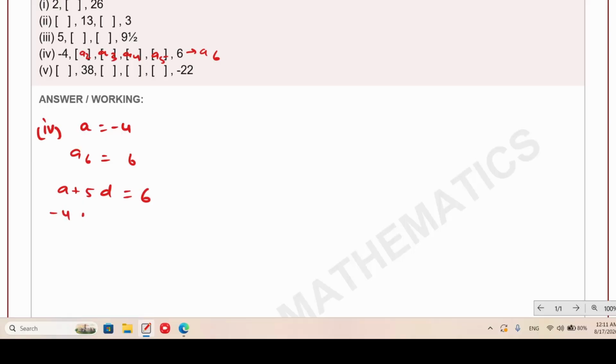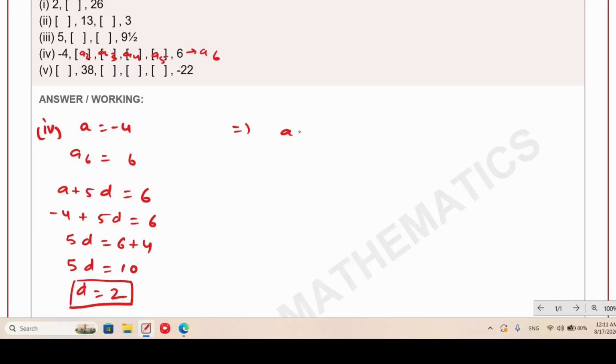A is -4 plus 5D equals 6. So 5D is equal to 6 plus 4. So 5D equals 10. Right? So D equals 2. When D equals 2, put the value here. A plus 5D. No, A is here. A तो है हमारे पास.